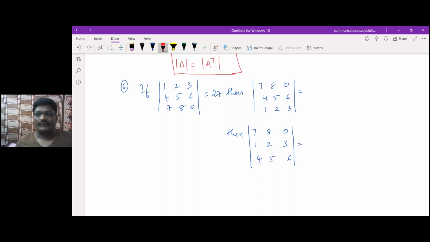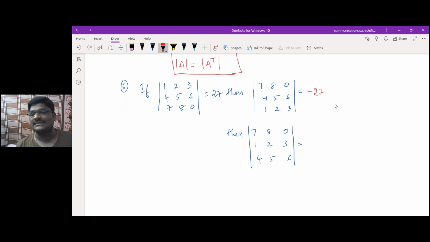1 by 27? No. Minus 27, sir. Yeah, very good. For this answer will be minus 27. Why? Because if any one row or one column is interchanged. See here what I have done from this to this?